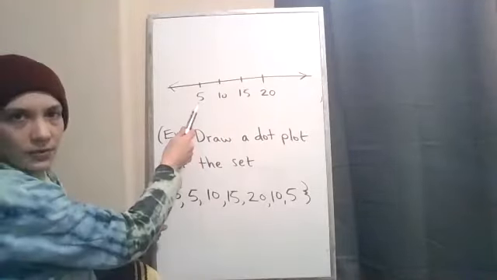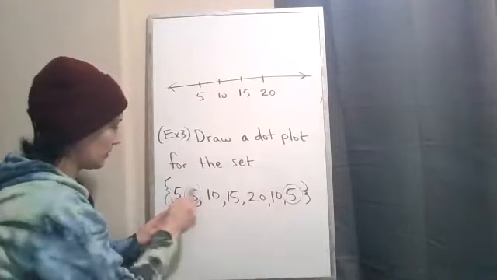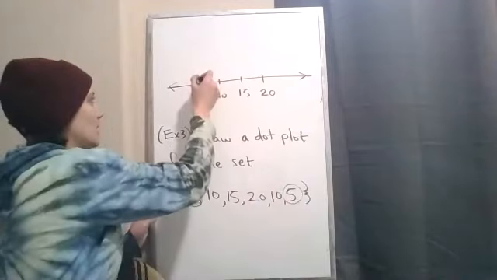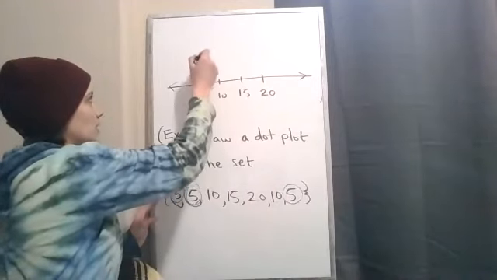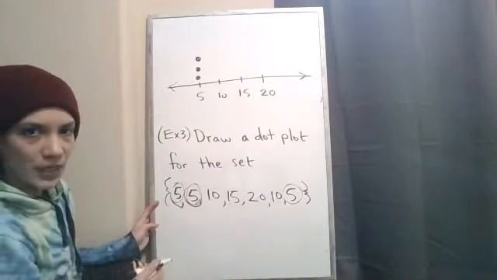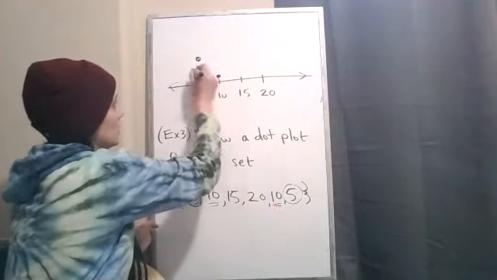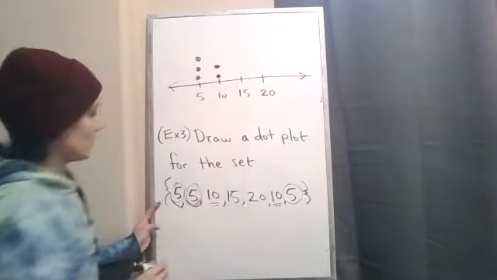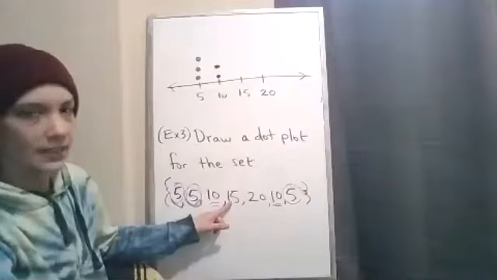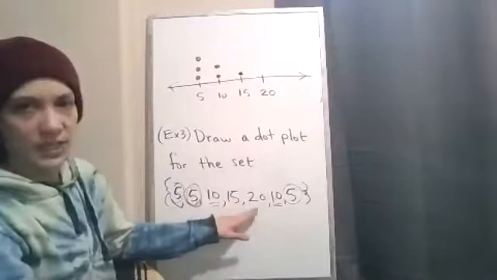We'll start on 5, which occurs 3 times. 3 dots right there. I see 2 10s. 1 dot for 15. 1 dot for 20.